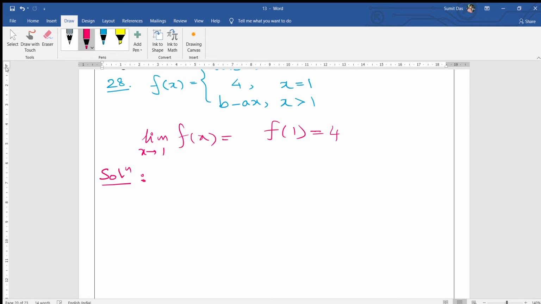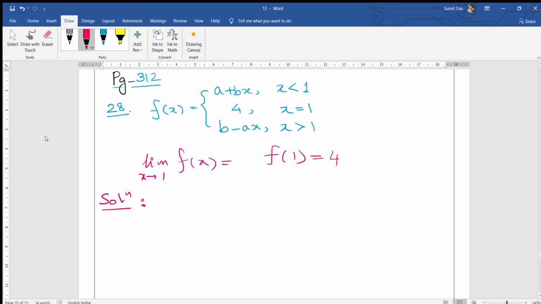So let's find the left hand limit. Left hand limit will be equal to the limit as x tends to 1 minus of f(x).